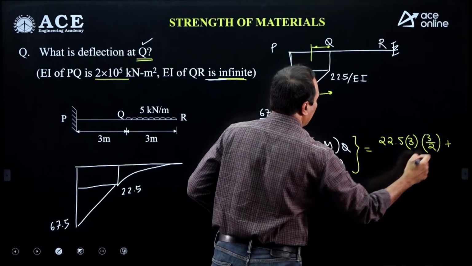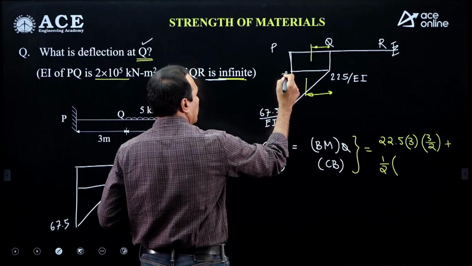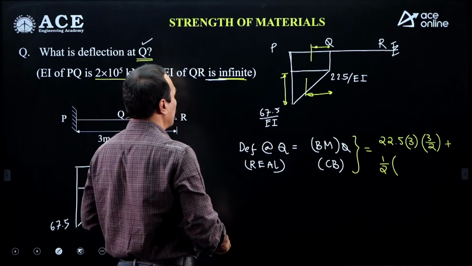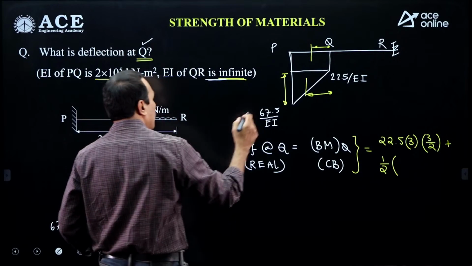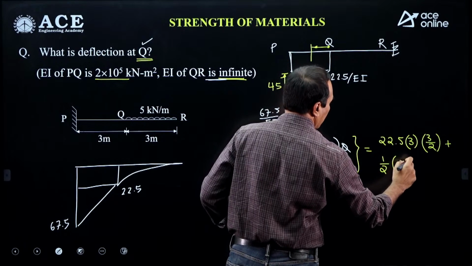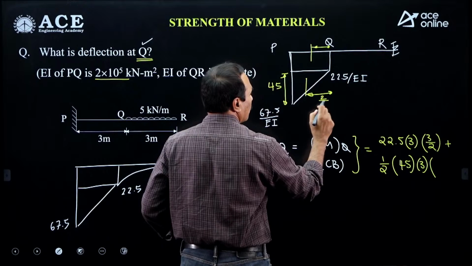For the triangle, half into, and this value 67.5 minus 22.5 is 45, is the height of the triangle, into base is 3, the distance is 2/3 of 3.